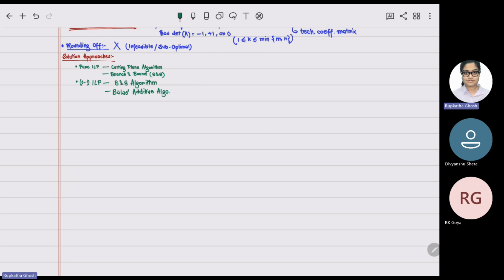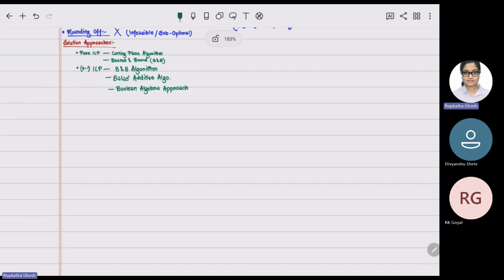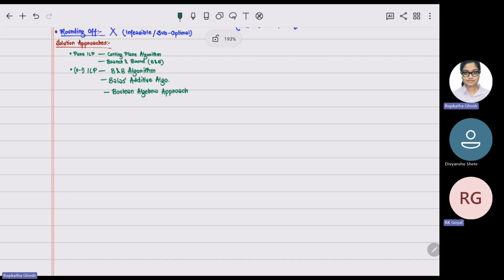I'm just noting all these down because even if I'm not able to cover them, you can always go back and check how it works. Then you have the Boolean algebra approach. And for mixed ILP, you have modified branch and bound.